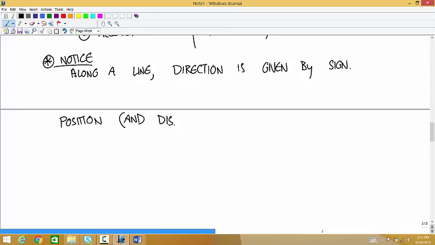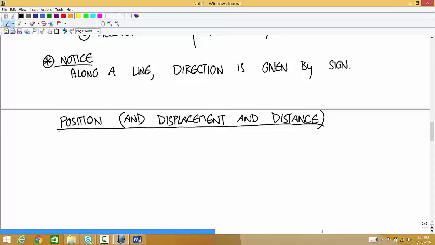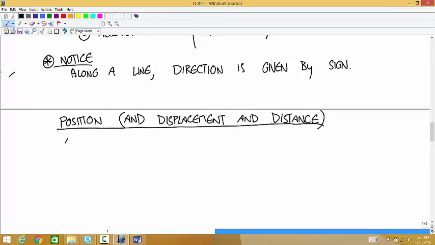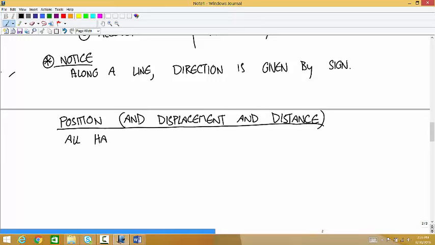Okay, so the first stuff I'm going to talk about is position. And displacement. And distance. Distance isn't going to be very useful to us, but I am going to talk about that. And all of these values have units of length.